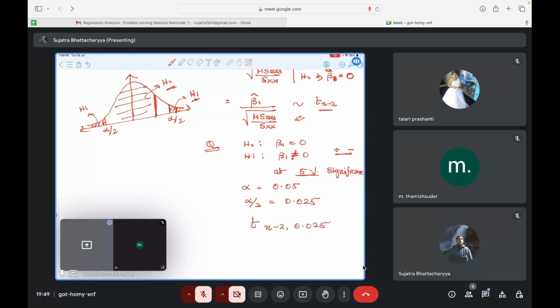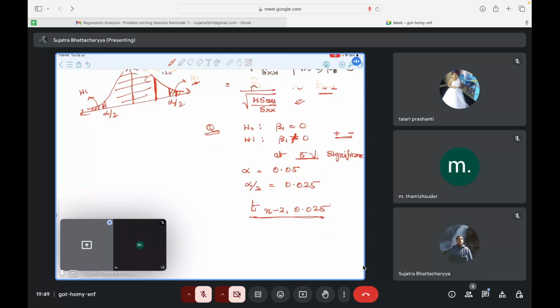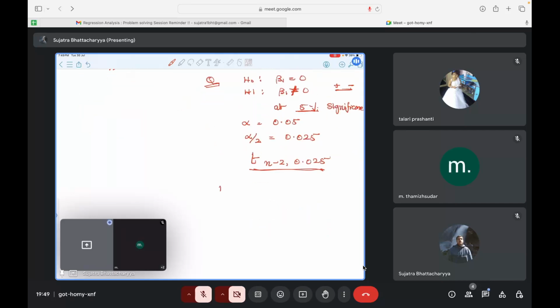Whenever you say 5% and beta 1 is not equal to 0, just divide it by 2 and check the T statistic distribution. In our case n is 4 because we have 4 samples. Therefore, the distribution will be 4 minus 2, 0.025, that is T2, 0.025.